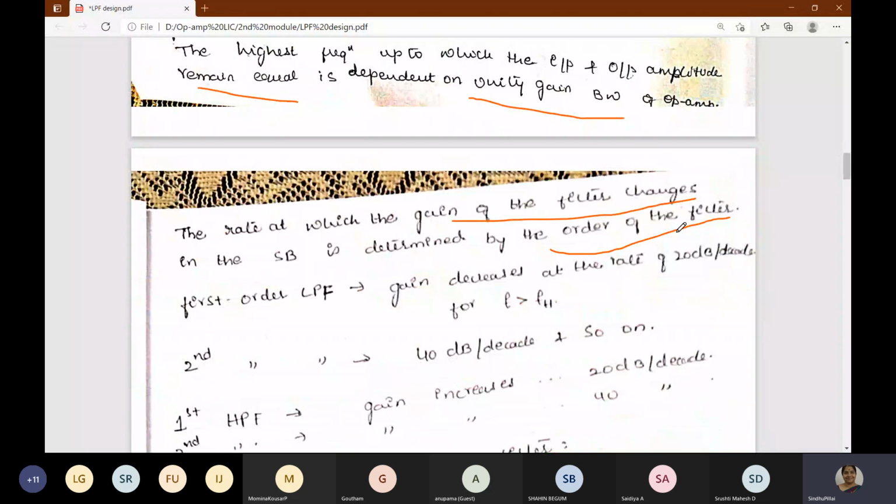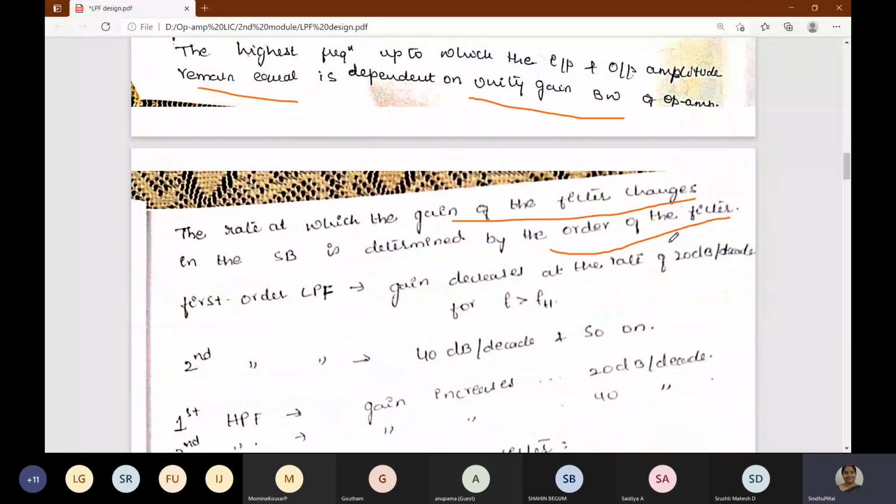When it decreases at 20 decibels per decade, we call it a first order filter. Now if you want the gain to come down very fast, that means we have to increase the order of the filter. For the second order filter, the gain decreases at 40 decibels per decade. Like that we can increase the order and bring the filter very nearly to the ideal response.